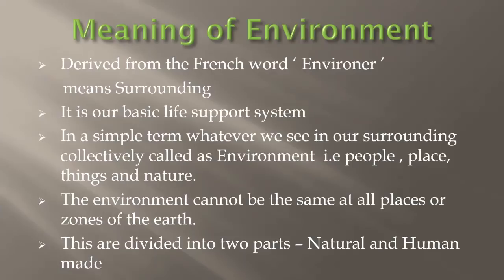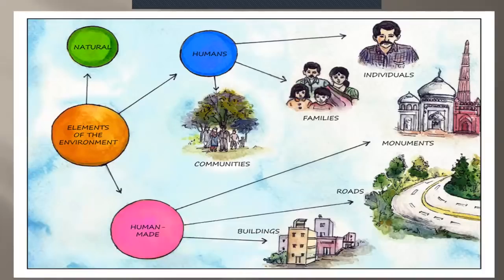It is our basic life support system. In simple terms, whatever we see in our surroundings is collectively called environment, that is, the people, place, things, and nature. The environment cannot be the same at all places or zones of the earth, which we have already discussed. Environment is divided into two parts: natural and human-made environment.